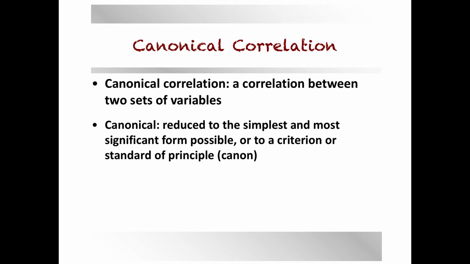That's where this method gets its name, because you're reducing multiple variables into one on one side of the correlation, and then reducing another set of variables on the other side, in the sense that you're describing the correlation between one set and the other.